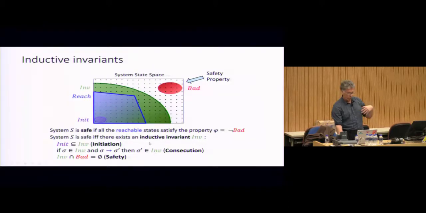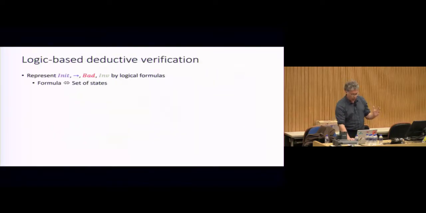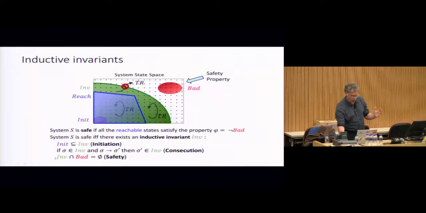So it's closed, okay? And so what those two things mean is that the inductive invariant contains all the reachable states, right? And it may contain other states, but if I take a step under the transition relation, under a step of the program, I'll never go outside, right? So it's closed.